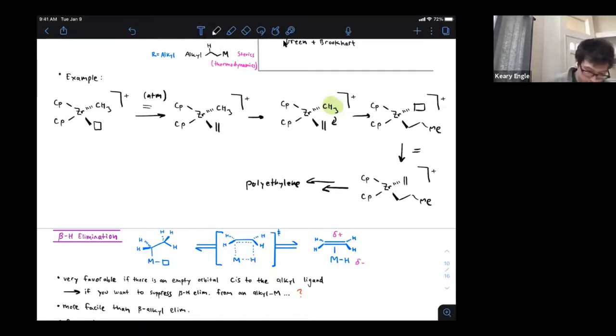And this process, I guess the polyethylene polymerization specifically would be the Ziegler process, but in general, this process is called Ziegler-Natta polymerization, which won the Nobel Prize for both of these scientists. Natta's contribution was predominantly in polypropylene polymerization.